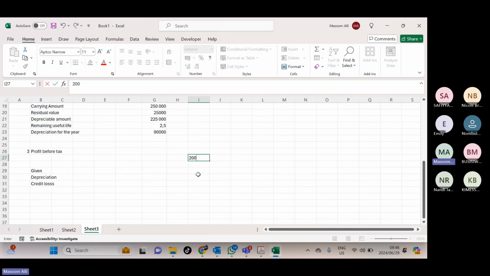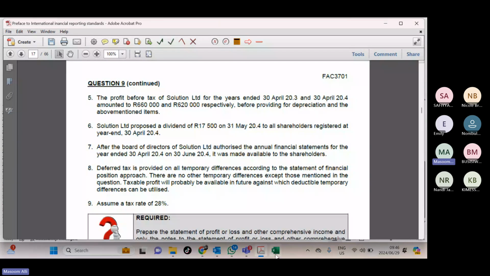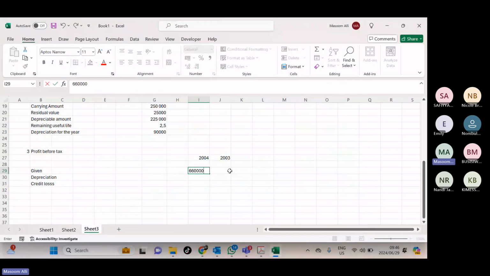Yes, I'll just say this is 2004, this is 2003. Right, so what was the amount given? 660 and 620. So we've got 660, 620.